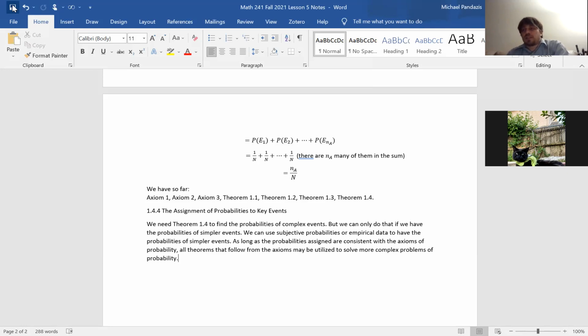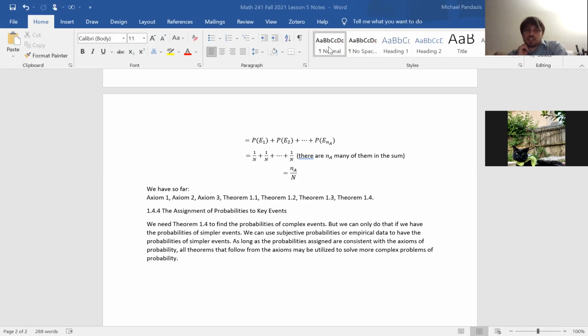So for instance, if I made a subjective probability and said that I thought the probability of it raining tonight was 2, right? Well, then that would contradict the axioms of probability, right? You can't assign a probability of 2 to something. So if I made the assumption that the probability of it raining was 2, and I wanted to find a complex probability using it, it would fail. I should not use the theory of probability. Okay. So when you assign probabilities, it has to be consistent with the axioms of probability.